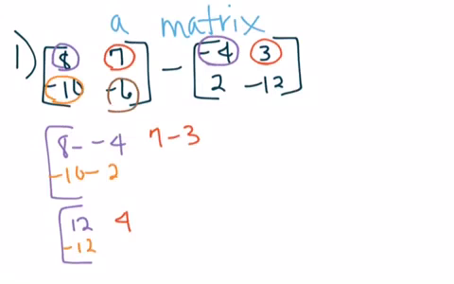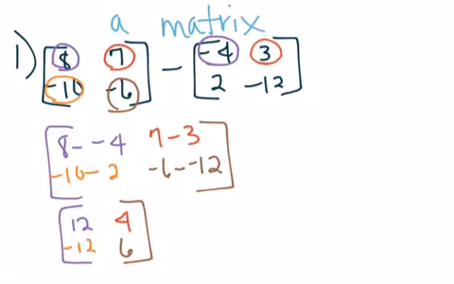And this one is negative 6 minus a negative 12, which is negative 6 plus 12, which is a 6. That should appear pretty easy because it is.